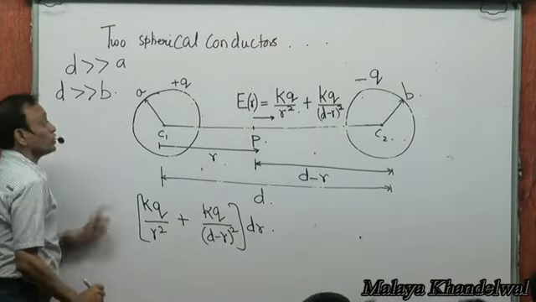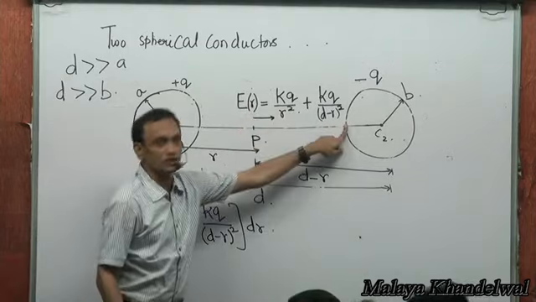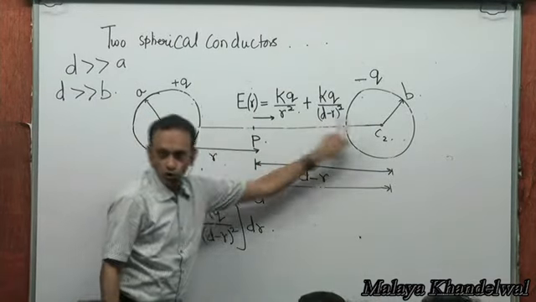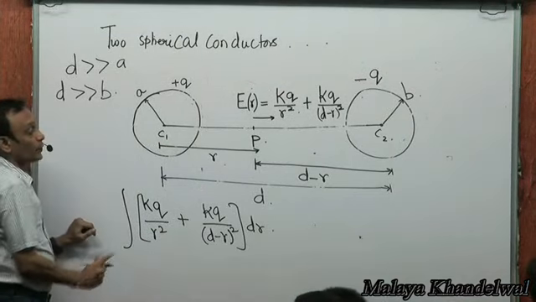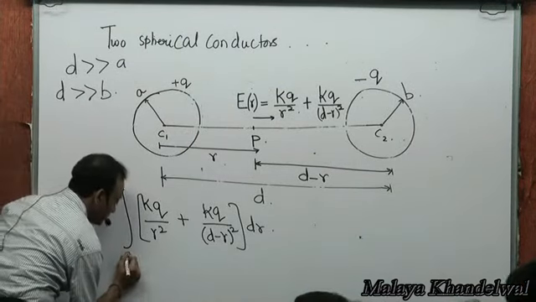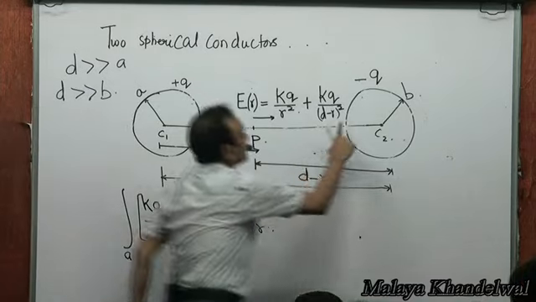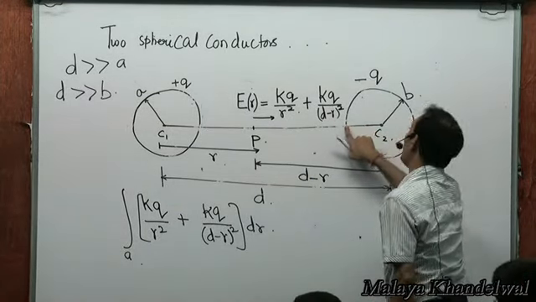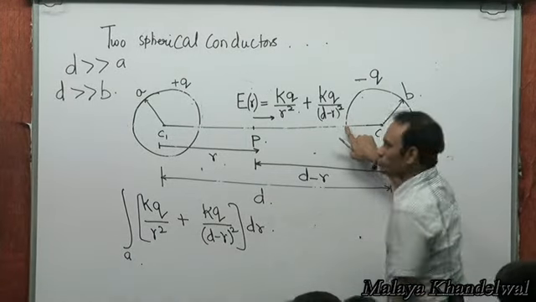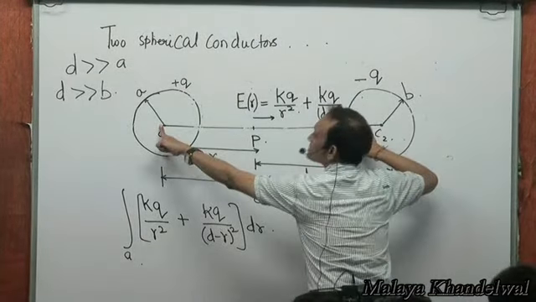Right? The total potential drop from this point to this point is going to be the sum of all of this, where r runs from A all the way to this point, but this point is r equal to d minus b. This point is d minus b, isn't it? This distance is d minus b.